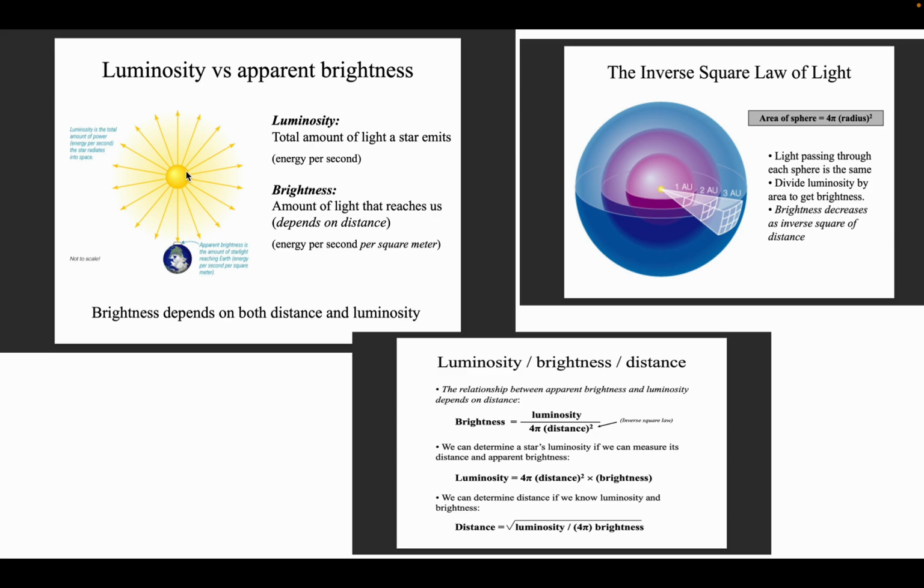So suppose here is the star and you are sitting here on the earth. Luminosity is the total amount of power, that is energy emitted per second from the star, and this energy is radiated into the whole space, and you are detecting a brightness sitting on earth.